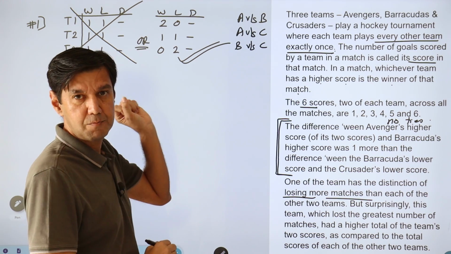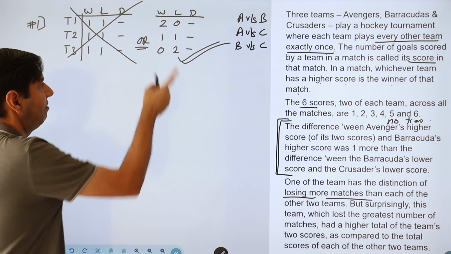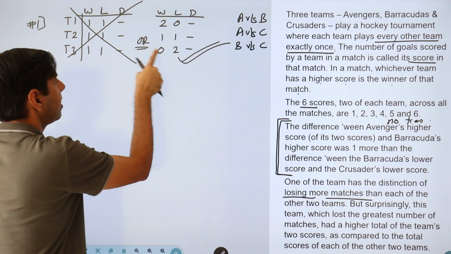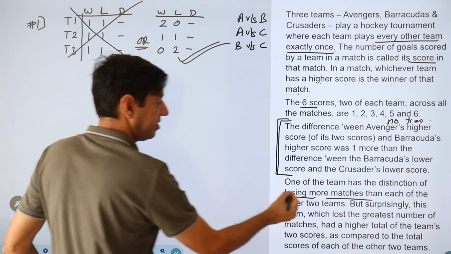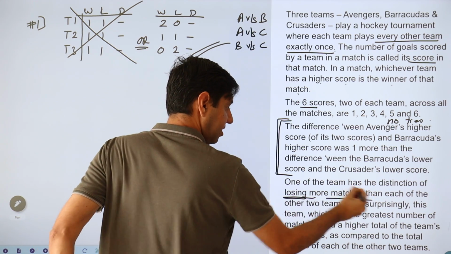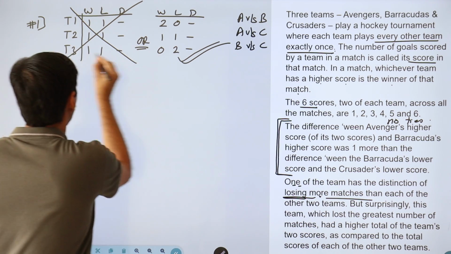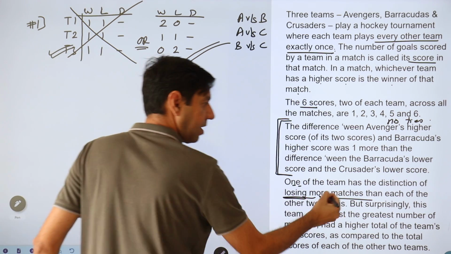So one team has won both the matches, one team has won one match and lost another, and a third team has lost both the matches. So we are talking about the third team.